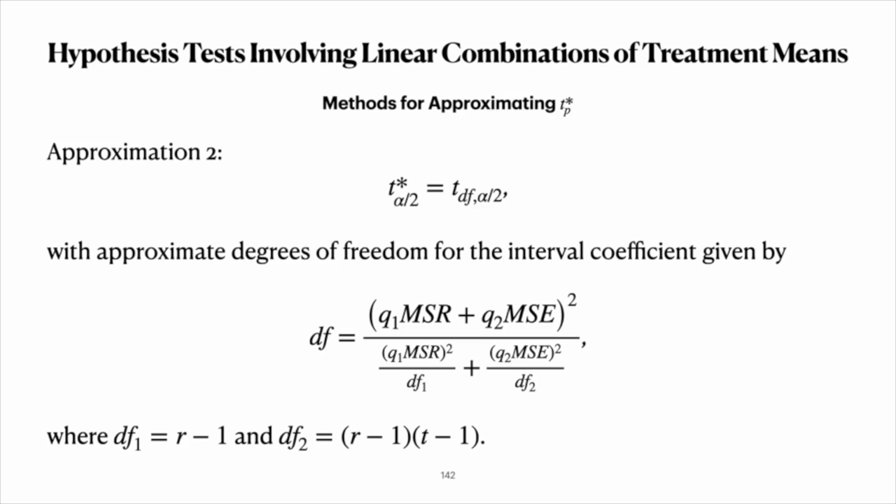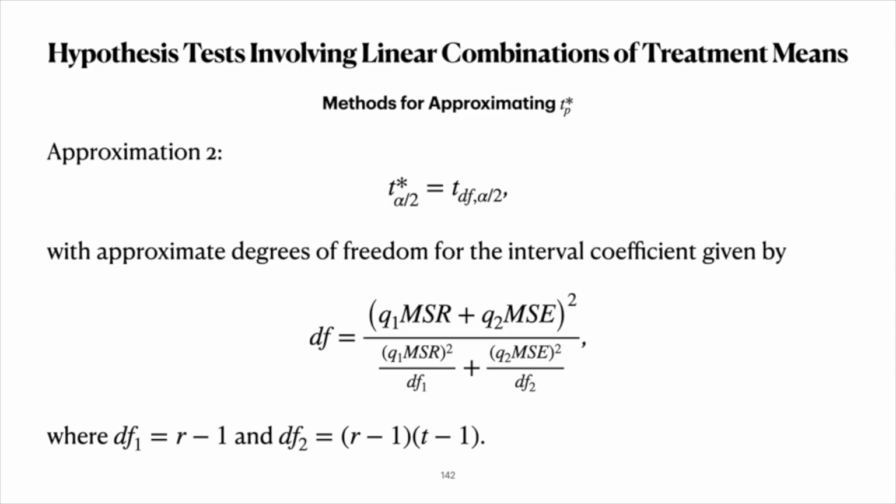So in approximation method 2, we are approximating the degrees of freedom associated with the estimate of the variability of the estimated linear combination.